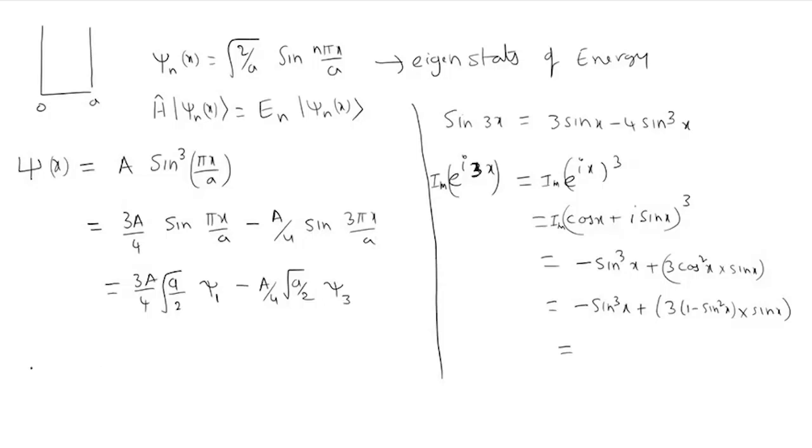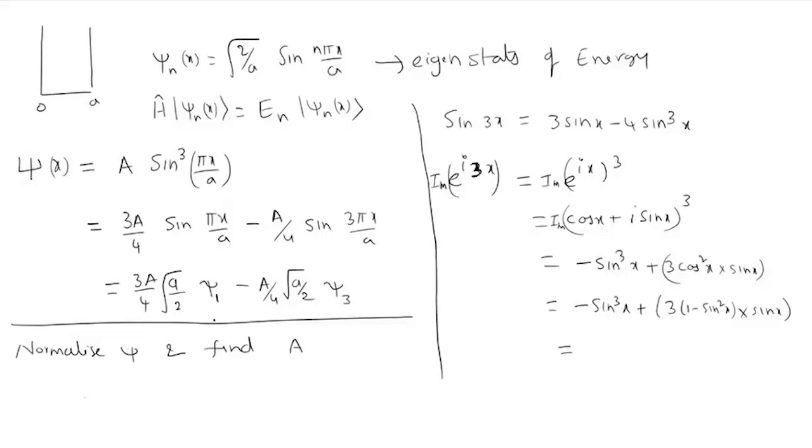Can you figure out a by normalizing? Normalize psi and find a. That's not difficult because psi 1 and psi 3 are orthonormal.